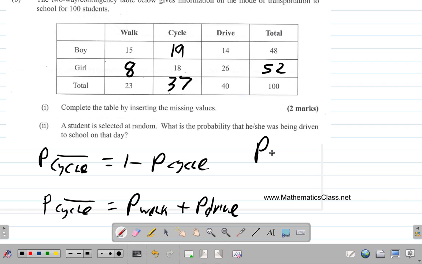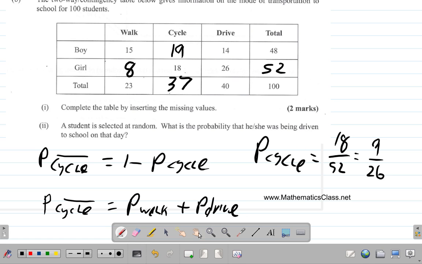So the probability that the girl cycles is 18 over 52. That would have been what? 2 into 18, 9, 2 into 52, 26. 9 over 26.